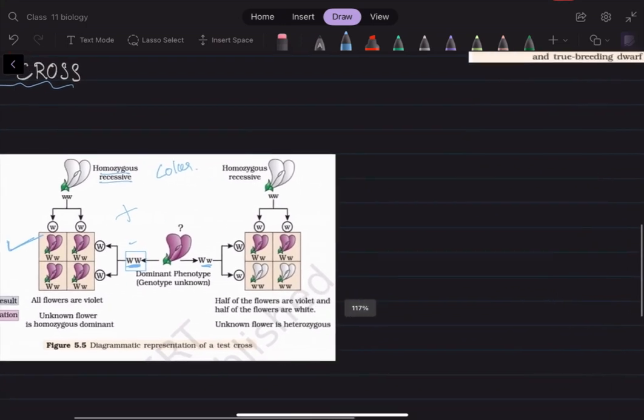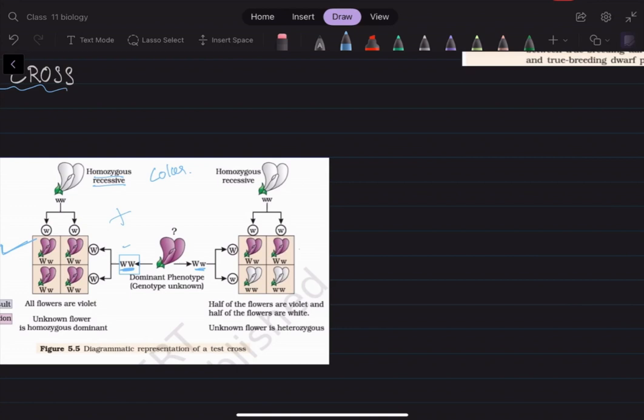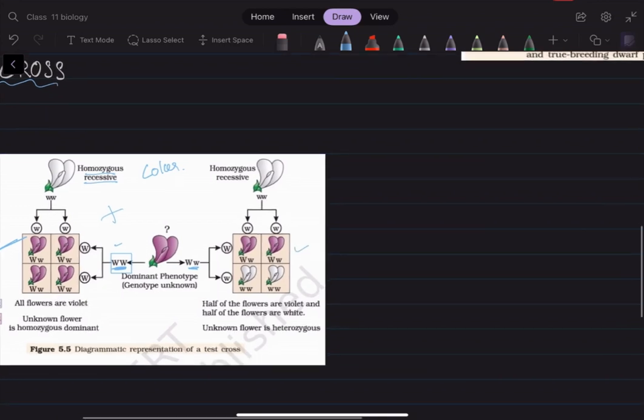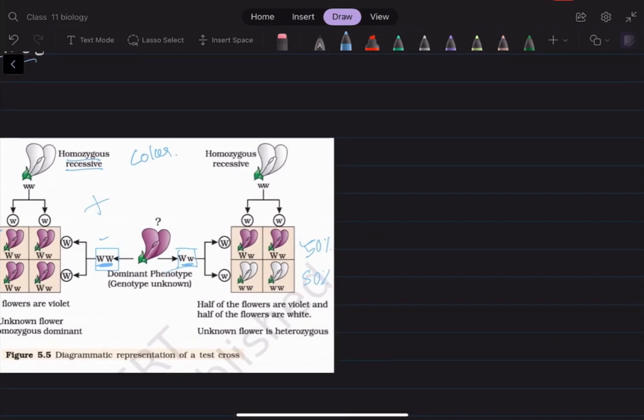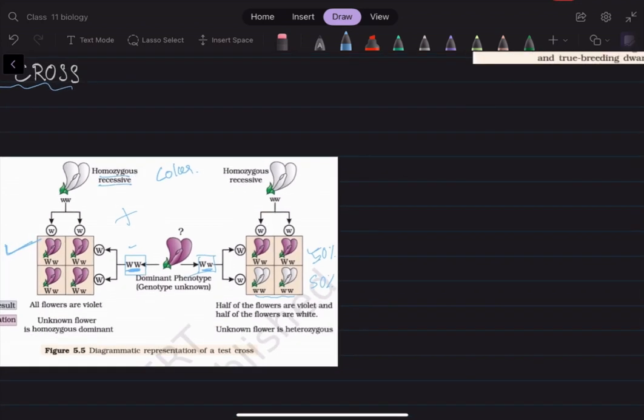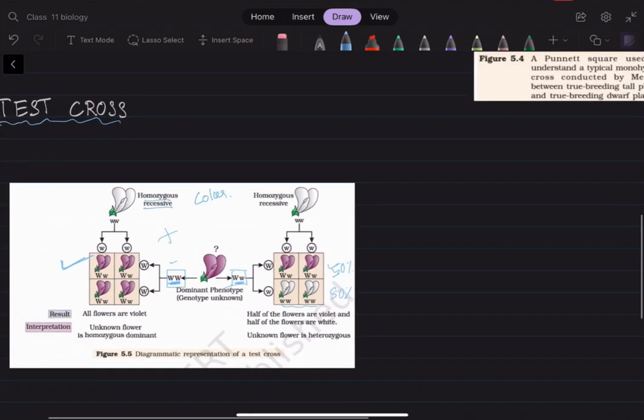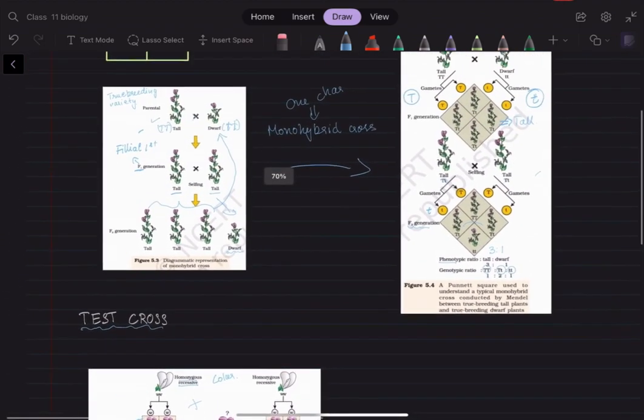But in case you find a difference, let us say 50% dominant and 50% recessive character, then you'll say that the plant we took was heterozygous in nature. According to this Punnett square, half of them are heterozygous dominant and the other half are homozygous recessive. So in this case, the plant we took will be heterozygous. So this was the test cross and the monohybrid cross.